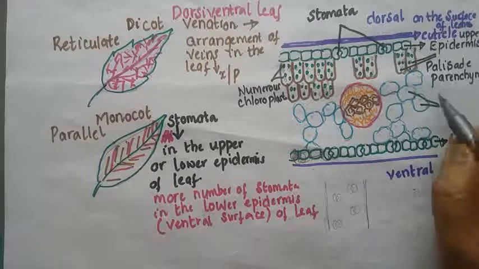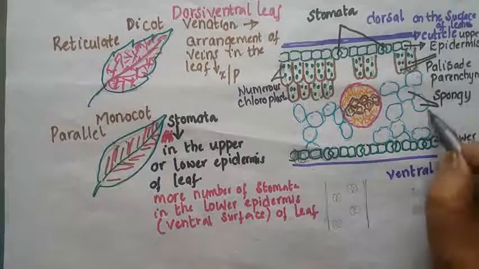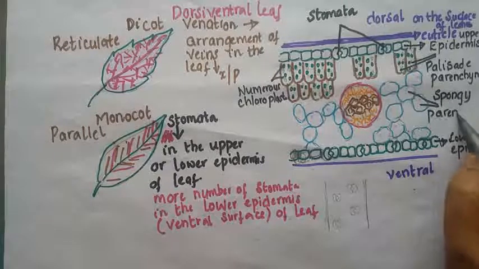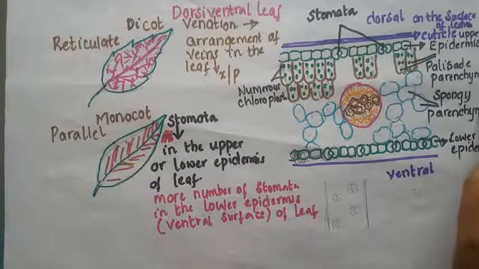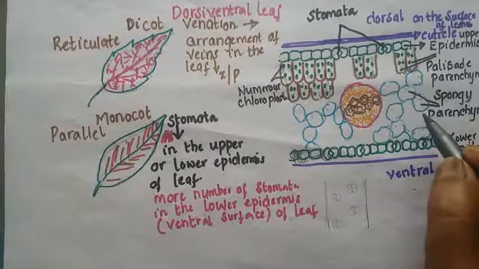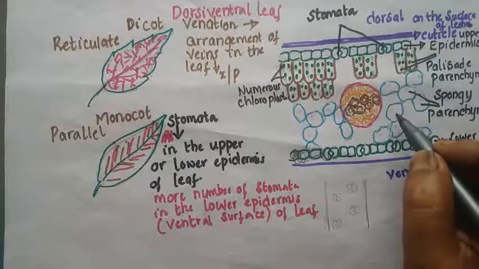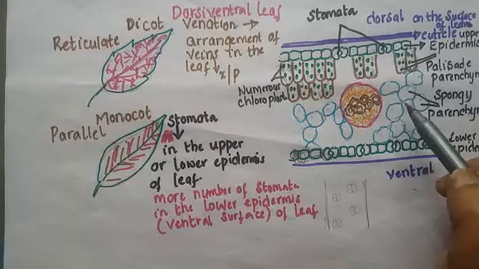These cells are known as spongy parenchyma cells. They are mainly responsible for storing the glucose which is produced during photosynthesis.